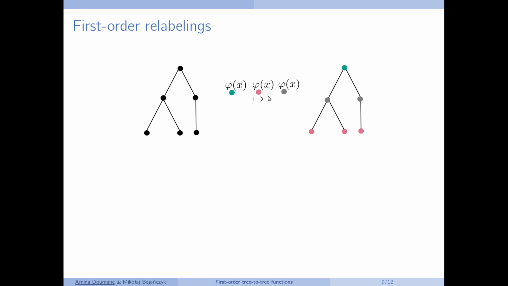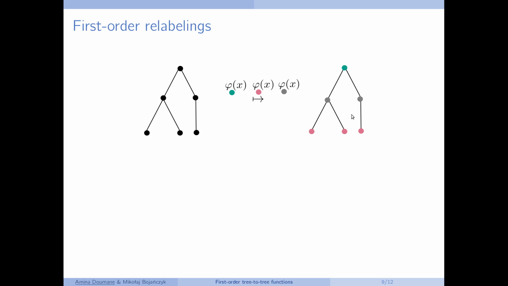We have the second unary query which selects the nodes that will become red, and we can imagine that it selects the leaves of the tree. And finally, we have this formula which selects nodes that will become gray, and we can imagine that it selects the inner nodes of the tree, so nodes which are neither the root nor the leaves. So the first-order relabeling of this tree is this tree.